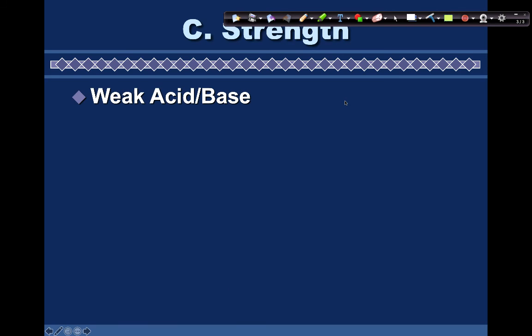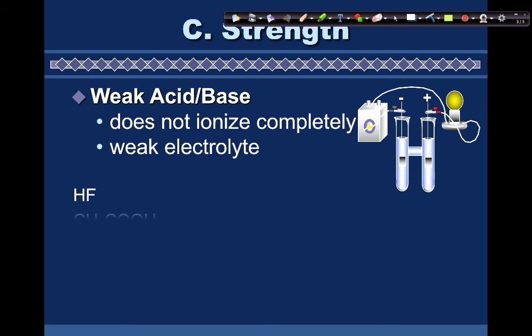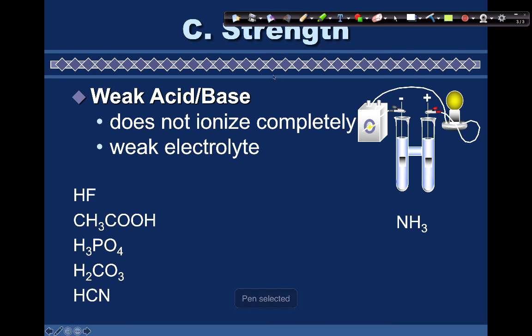Weak acids and weak bases do not ionize completely, and they are weak electrolytes. So if you were to have a weak acid or a weak base, let's say that I have the same situation. I have 5 moles, and I dump it into a solution.